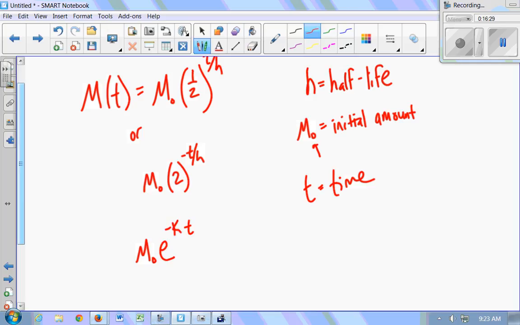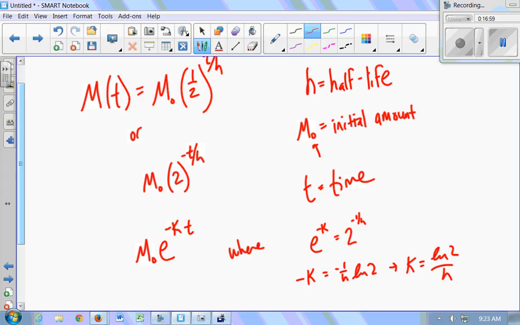Negative kt, where e to the negative k has to equal 2 to negative 1 over h. So if I take the ln, I get negative ln of 2 over the half-life.